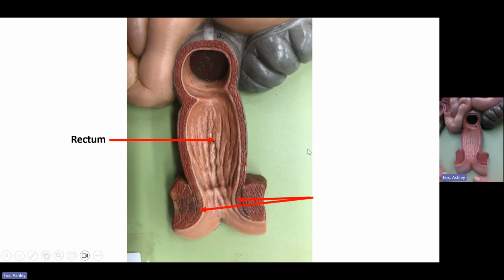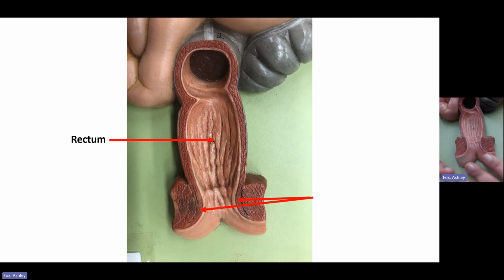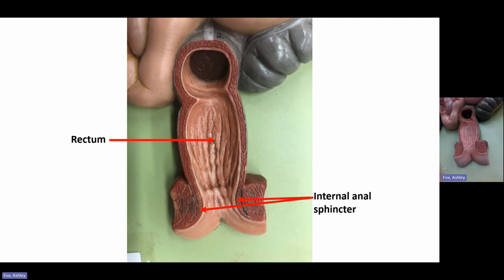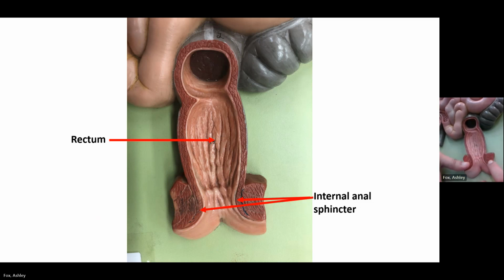The last thing is what surrounds the anus, controlling defecation. We have two muscular pieces. The inner one that's right around the anal canal is the involuntary one. It's smooth muscle and involuntary, and that's your internal anal sphincter. That has to open for defecation. Then you can see these guys right here on the outside.